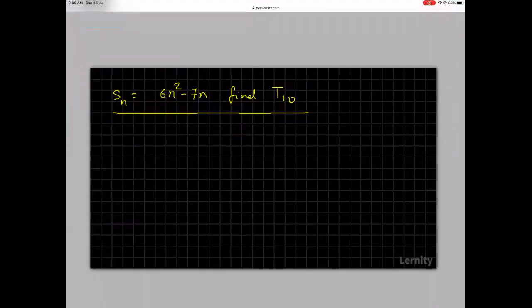So if Sn is equal to 6n squared minus 7n, I would like to write it in the format of n by 2 into 2a plus n minus 1 into d. So if I want to convert that, I'll first write n by 2 common. If I take n by 2, I'll get 12n minus 14.